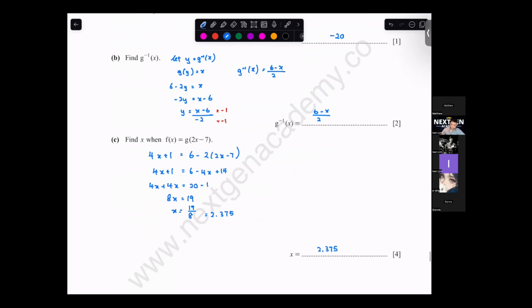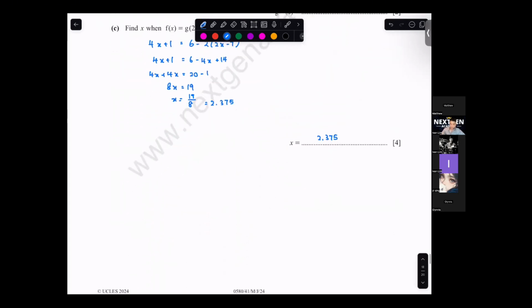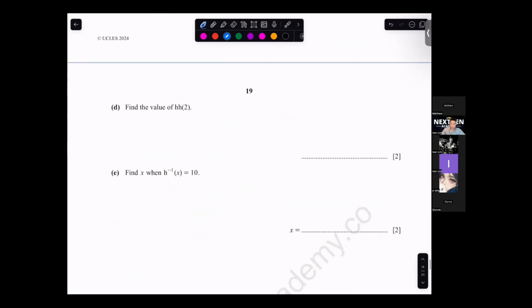Second last one, question D. Find the value of hh(2). Okay, I'm just going to write down what h(x) is first. h(x) from the above is 3 to the power of x minus 2. So let's find hh(2). You don't have to do hh(x) first and then substitute it in. You can straight away substitute h(2) inside here first.